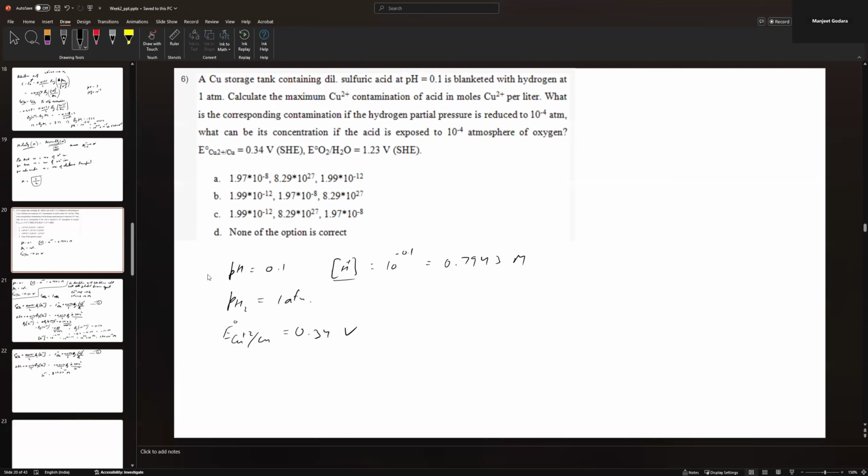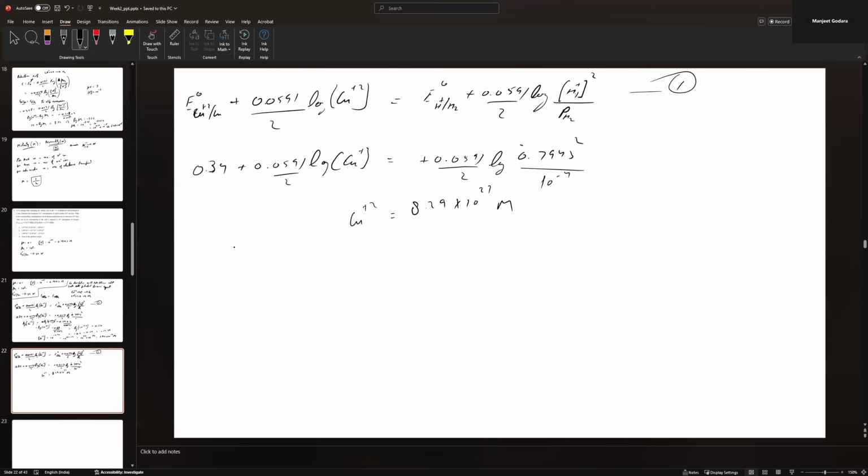Now for the third part, we have a different reaction taking place. So we only consider the oxygen reduction reaction here, which is O2 plus 4H+ plus 4 electrons gives rise to 2H2O.